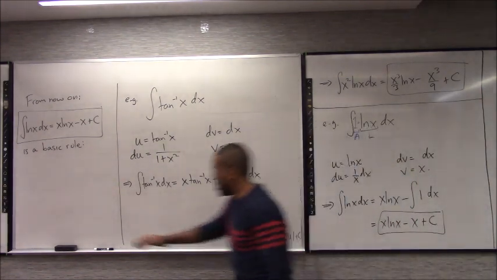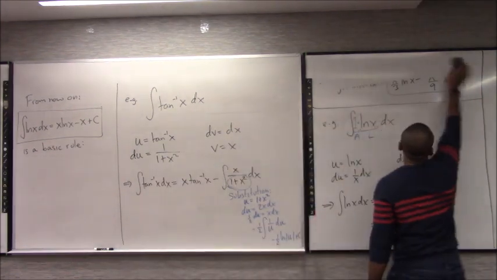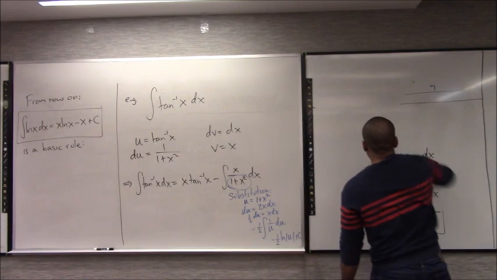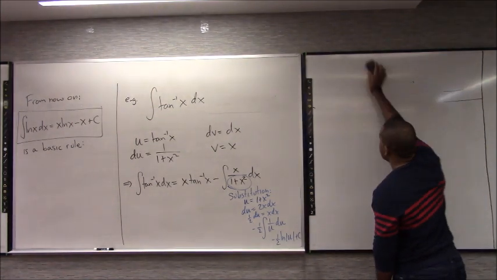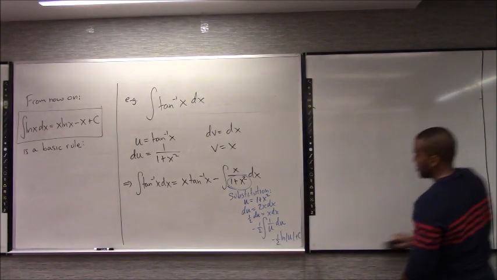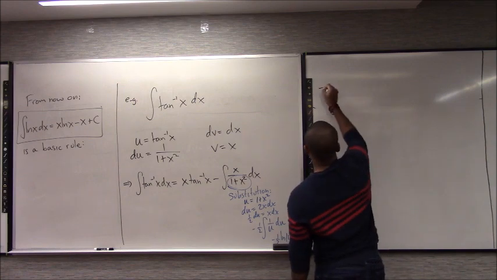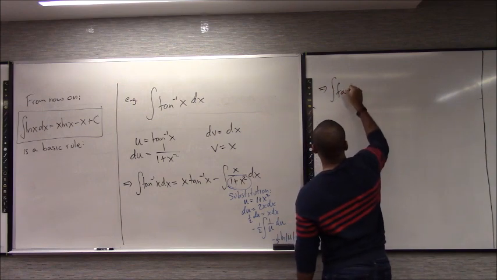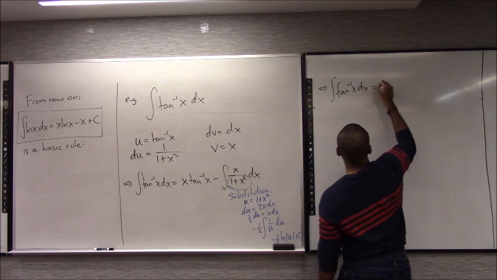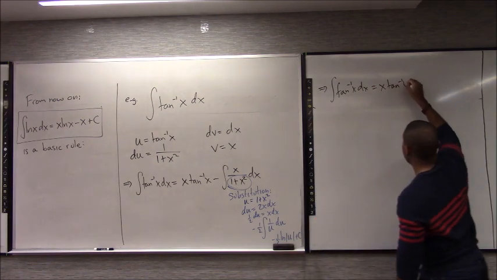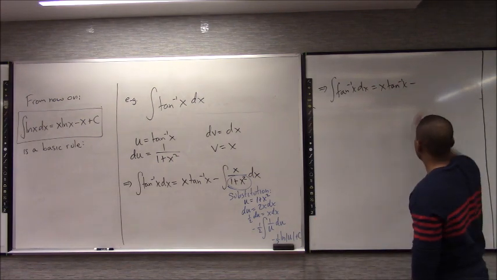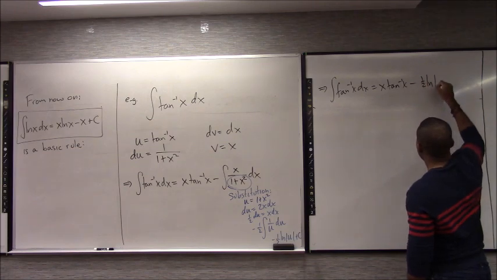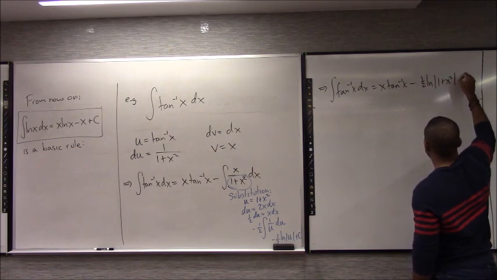And then I go back and I plug that in. So this would mean that the integral of tan inverse of x dx is going to be x times tan inverse of x minus 1/2 ln of 1 plus x squared.